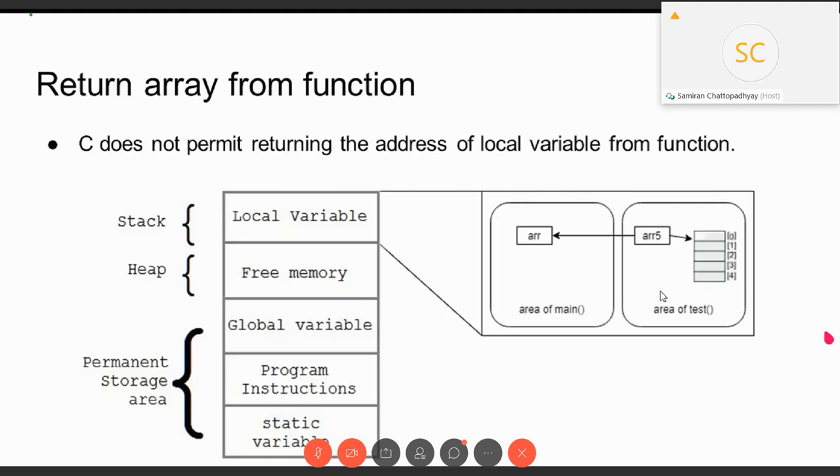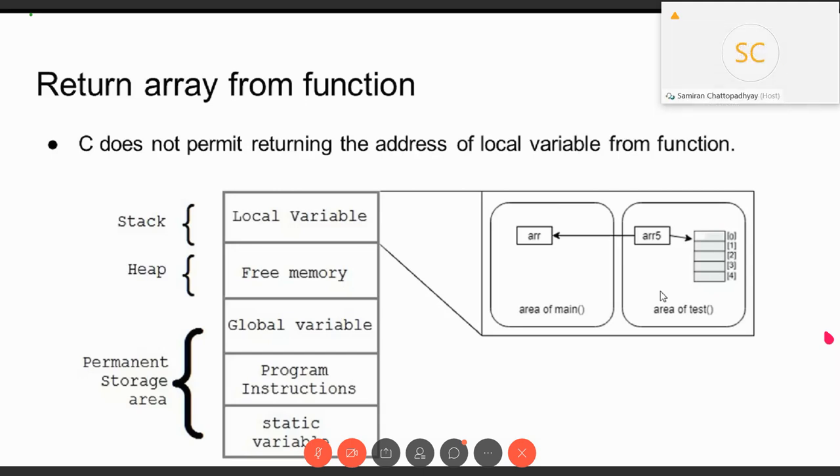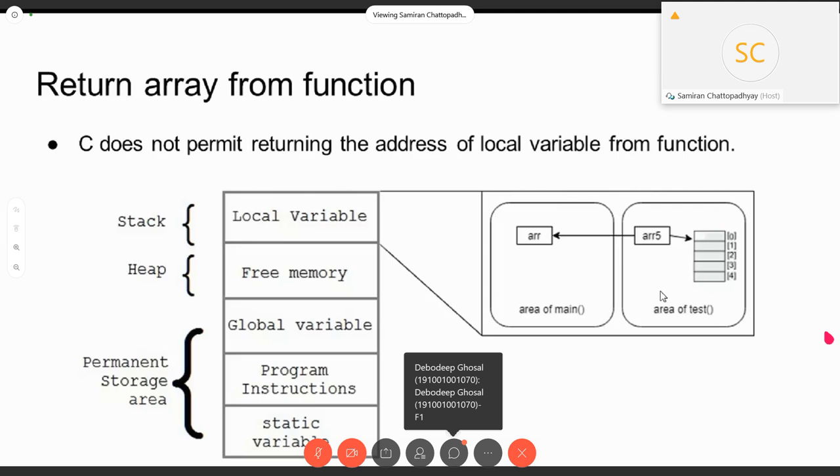So I can access the entire space of this 0, 1, 2, 3, 4 through ARR5 and an index variable which is an integer, and the operator which is the square bracket. The square bracket is something like an operator. It does some operation, like an addition, then goes to that space, finds the value, and that value is given back to you. It's an operator. It has a function, and the function is such that I just explained.